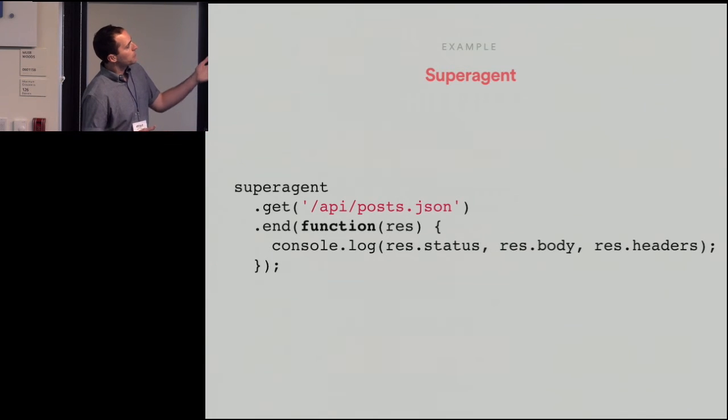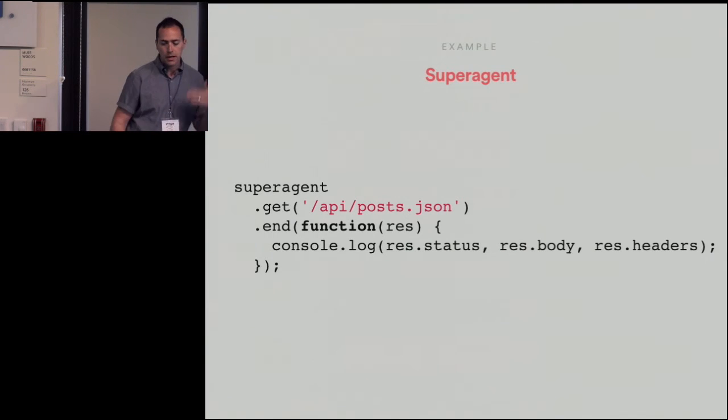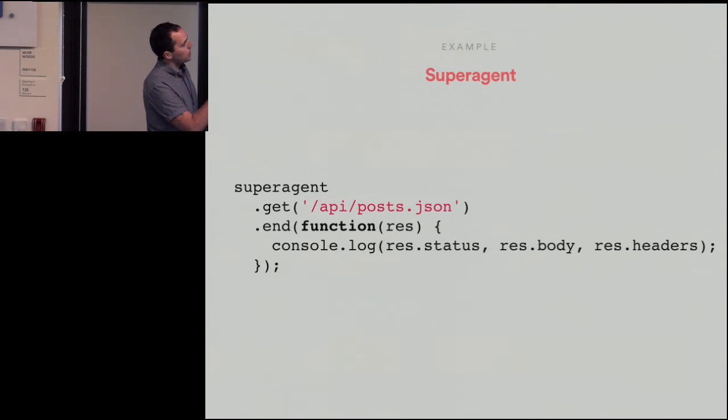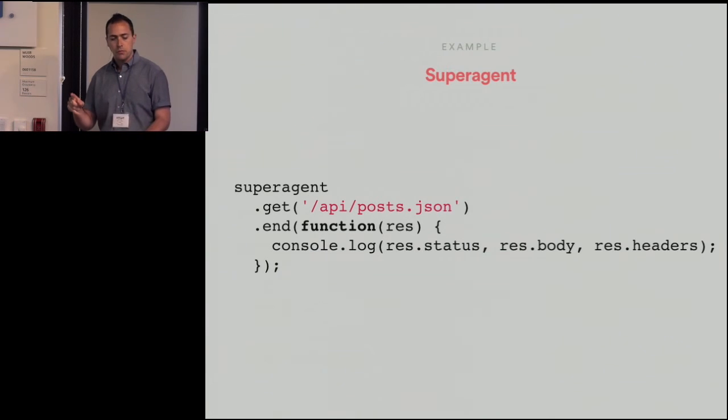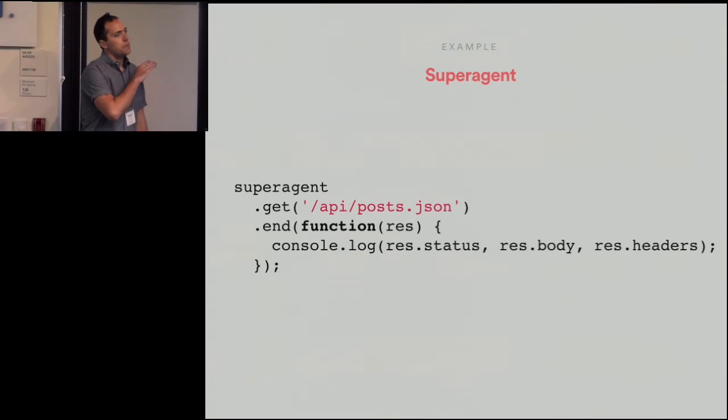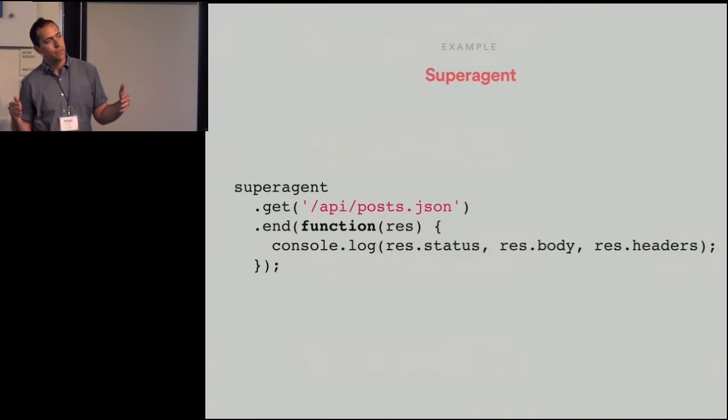In this example, we're making a GET request, we're passing it a path, and then we're sending the request, and we pass it a callback, and in the callback we can access the response. We can look at the response status, the response body, the headers, all of these things, using the same API in the client and the server.